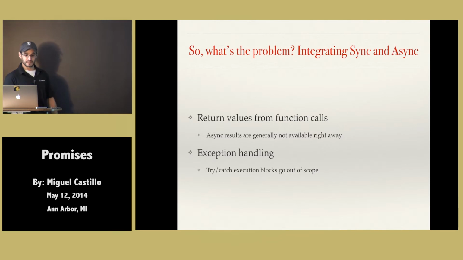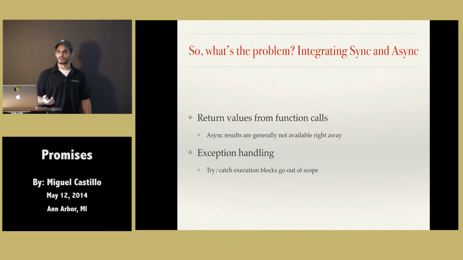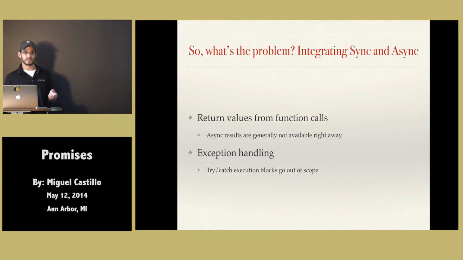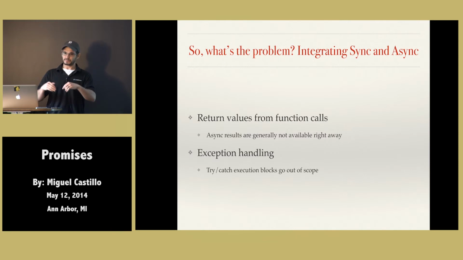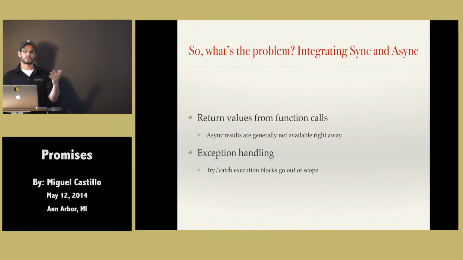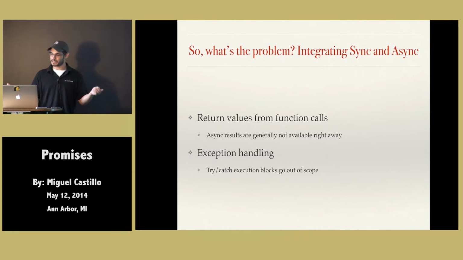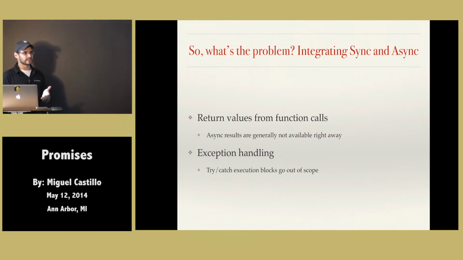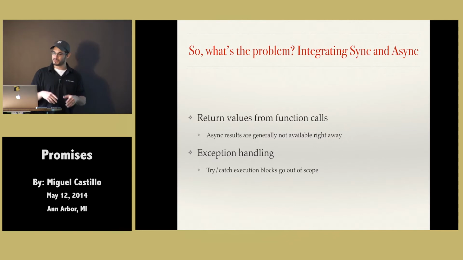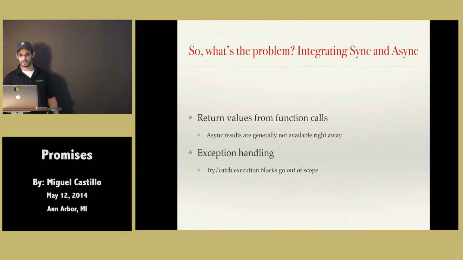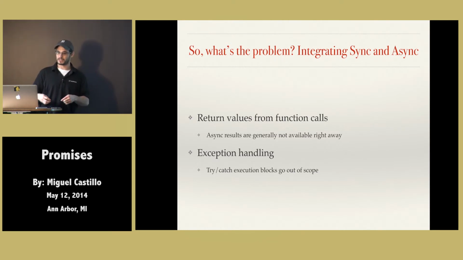With asynchronous it's more difficult, because you don't know when you're going to get that value back, or when somebody throws an exception. Once the try goes through the code, you're out of the execution scope for the try catch. So when an exception is thrown, you lose that whole context and have no way to catch it. That is a very important aspect of promises: being able to get an exception out of code that is executing somewhere else, and report it back up the exception chain.